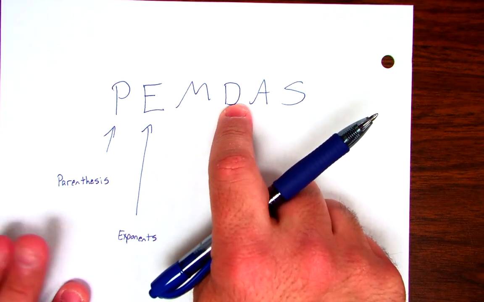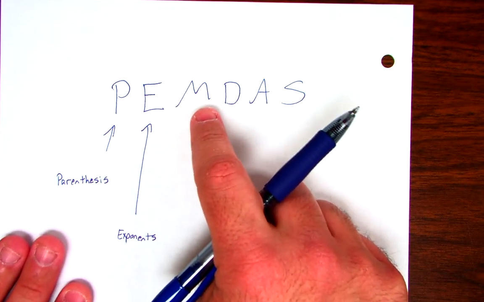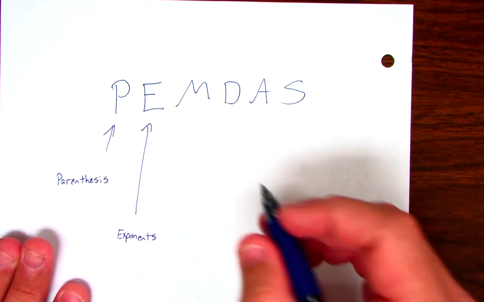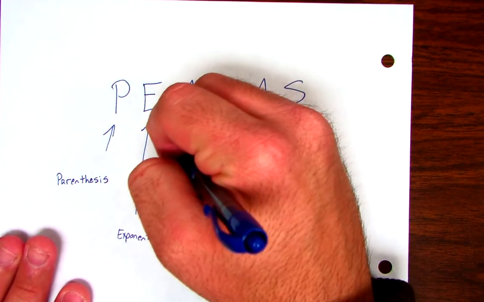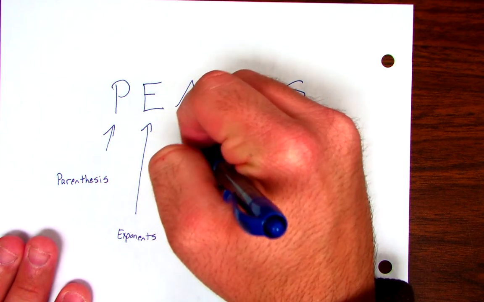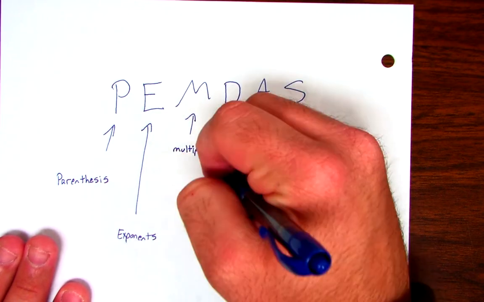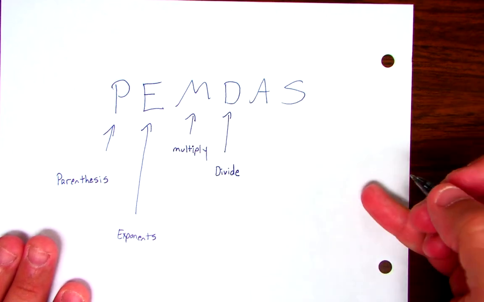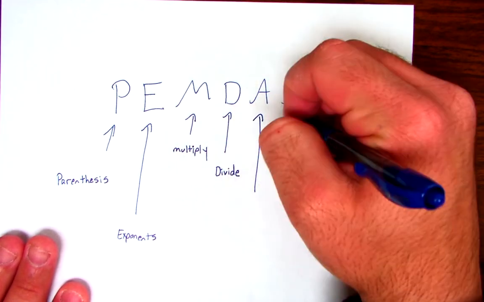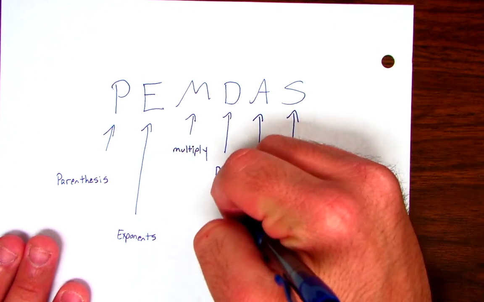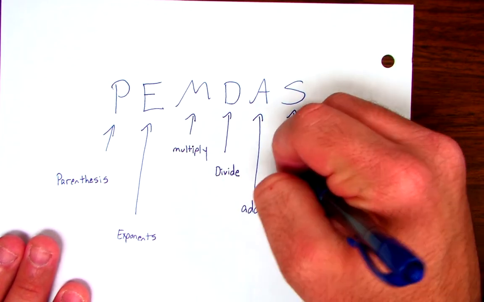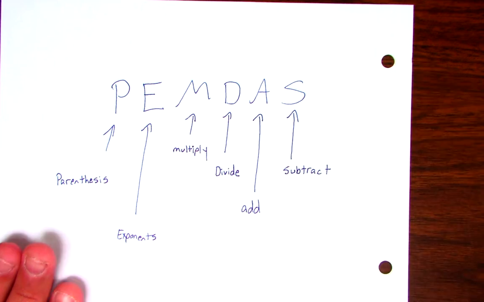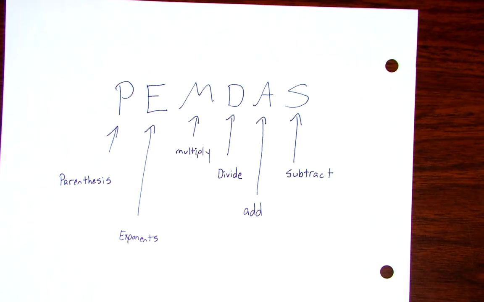No. It's multiply or divide, whichever comes first from left to right. Then you have your add or subtract. Same thing, it's whatever comes first from left to right. Okay, so there is PEMDAS. Let's see if we can do a few examples here.